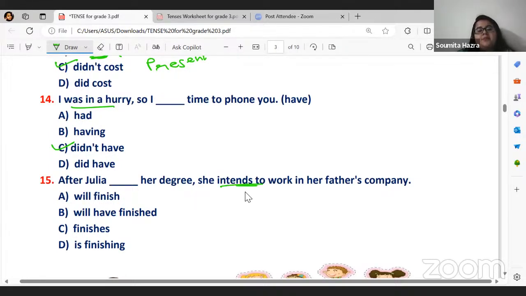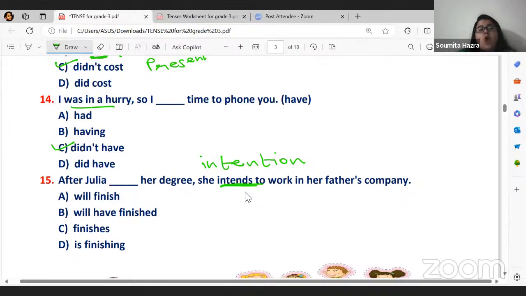Intends comes from the word intention, as in what does she want to do? She intends to work. She wants to work. She intends to, or she plans to work in her father's company.